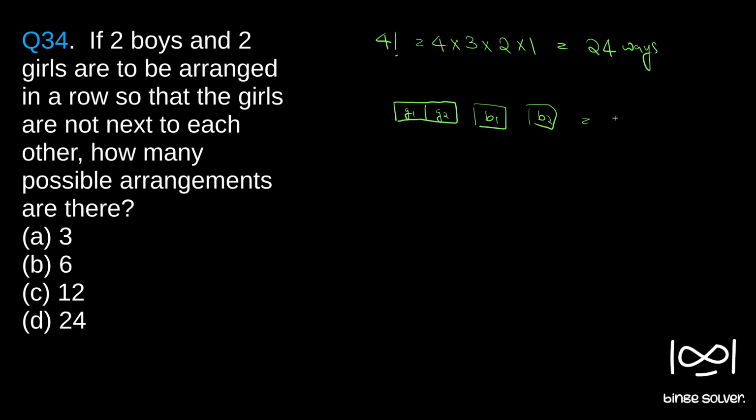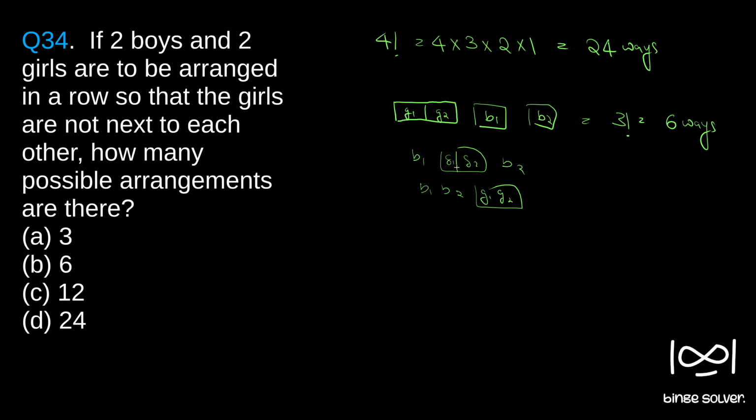So that will be 3 factorial, which is 3 into 2, which is 6 ways. So what are these 6 ways? B1, G1, G2, B2, and B1, B2, G1, G2. Similarly, you move around all these 3, we will get 6 ways.